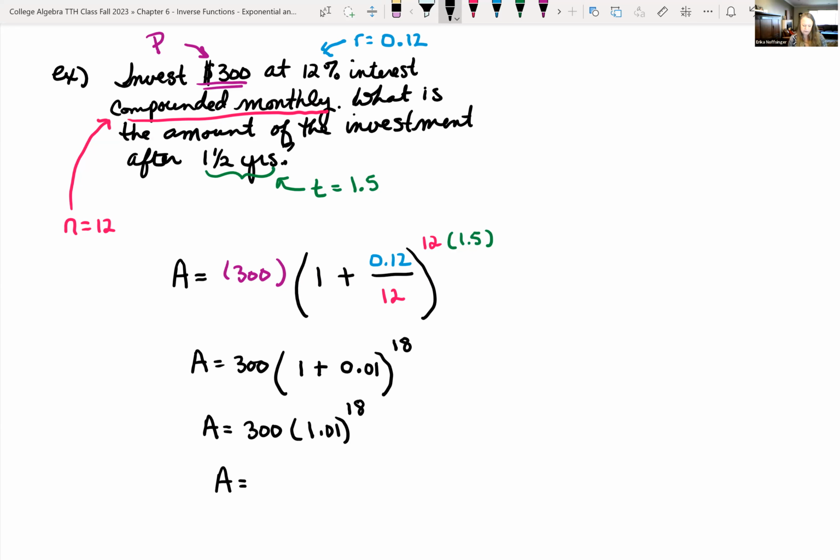Okay, so we have 300 all times 1.01. That 1.01, that piece is raised to the 18th power. And getting our answer, we have $358 and 84 cents.